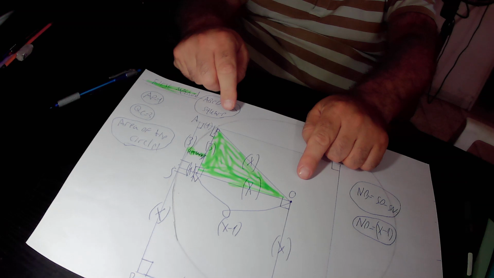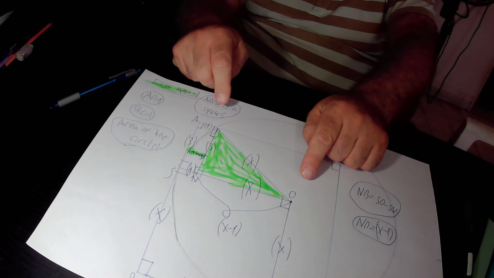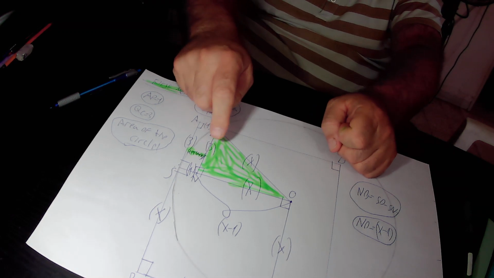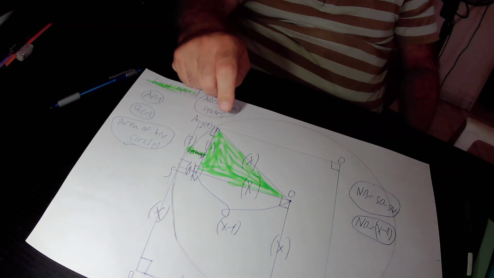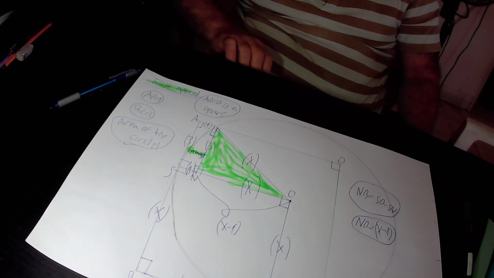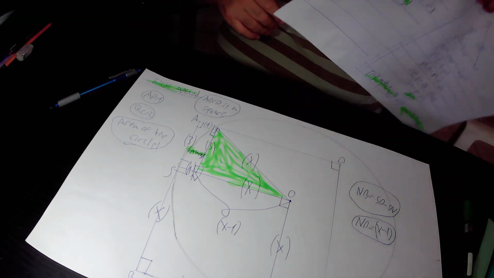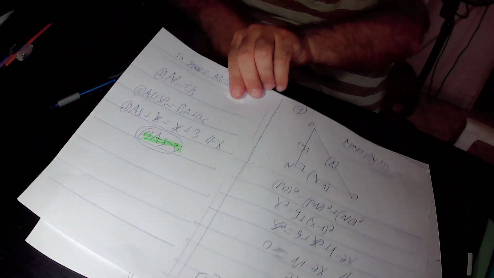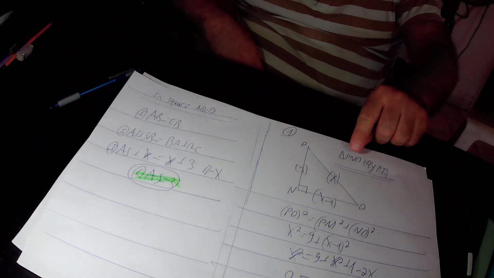In the next step, we implement the Pythagoras theorem with this right triangle PNO. According to the Pythagoras theorem, in any right triangle, the square of the hypotenuse equals the sum of the squares of the perpendicular sides. So this is the right triangle PNO from the original drawing.